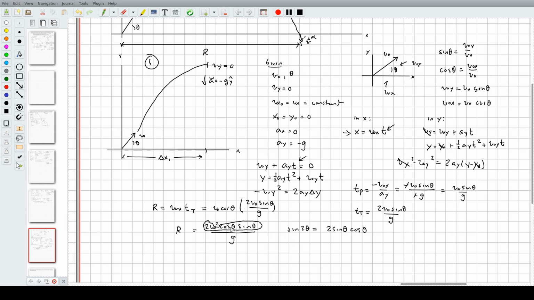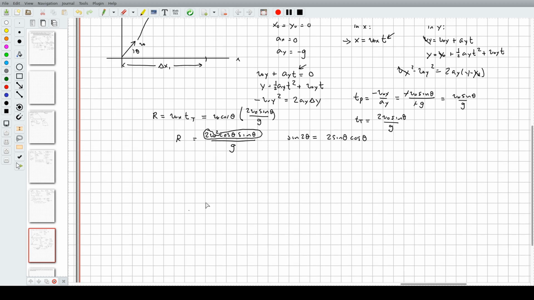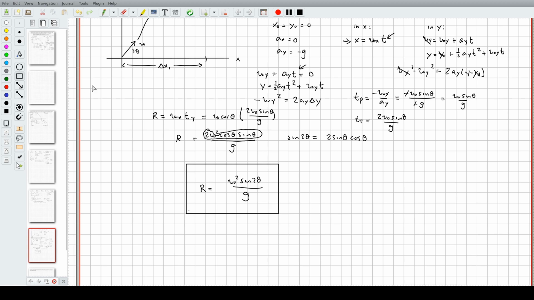Okay, so that's sine of 2 theta, which means that we can rewrite our range equation as v naught squared sine of 2 theta divided by g. So this right here is our range equation. That's the range equation. All right.